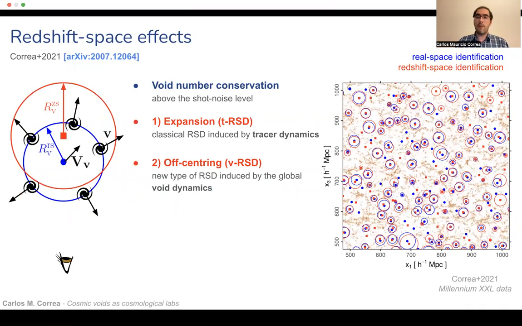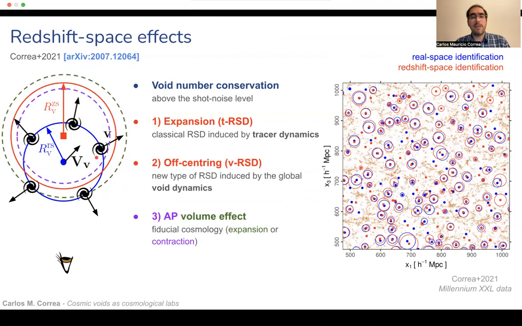Second, the centers of voids appear systematically shifted along the line of sight. And this is a consequence of a new type of dynamical distortions induced this time by the global void dynamics. So we can understand this effect by considering that the void moves as a whole with a net velocity.